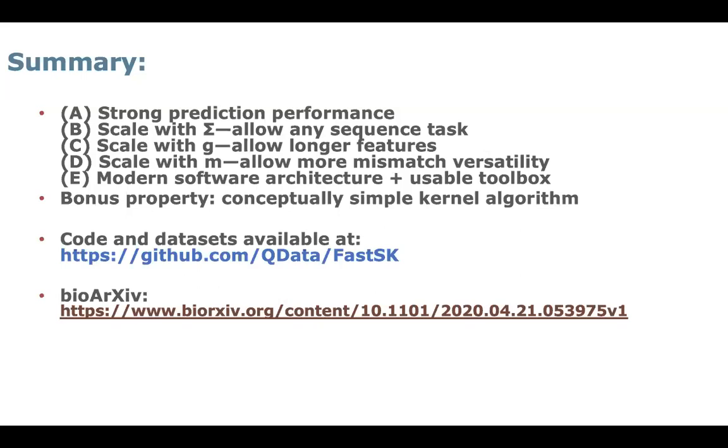It also allows more mismatches, and on top of that, we provide a modern software architecture and a usable toolbox through this GitHub repo, and everything is made possible by our new, conceptually very simple kernel formulation. So that's the end.